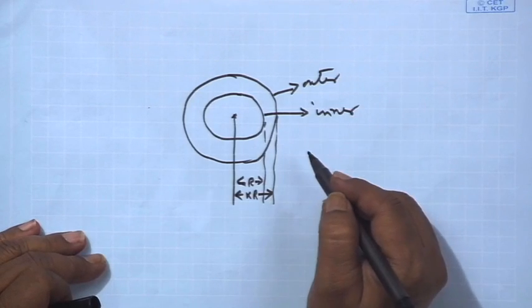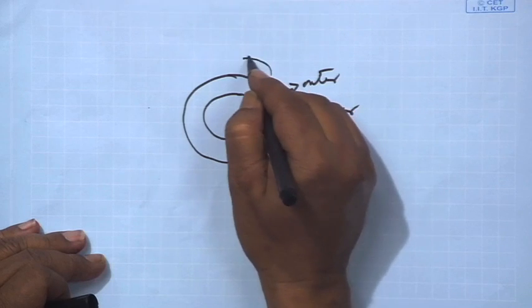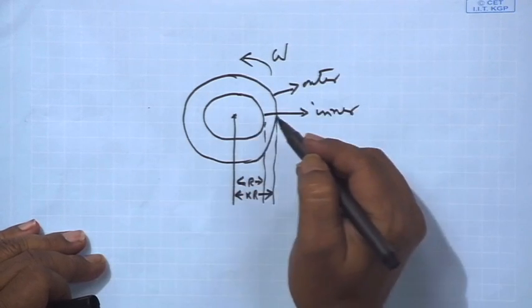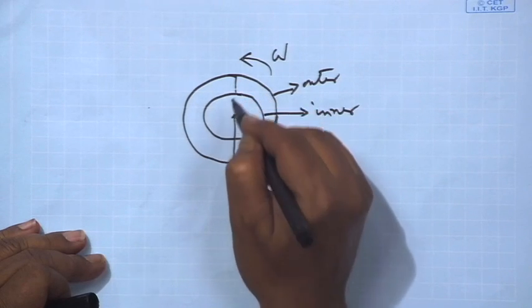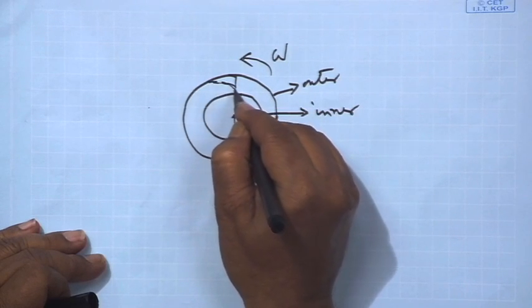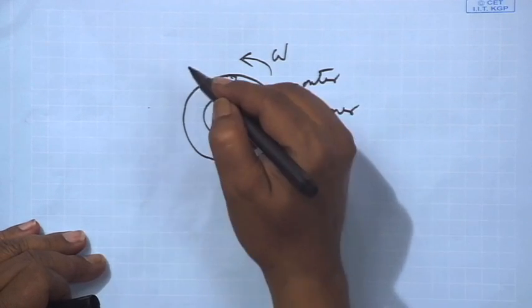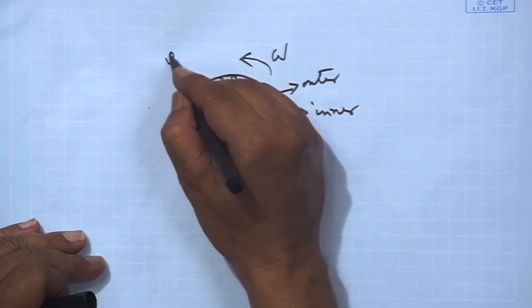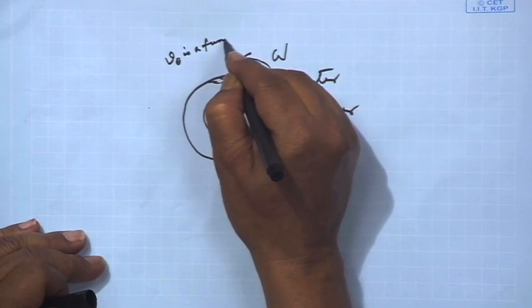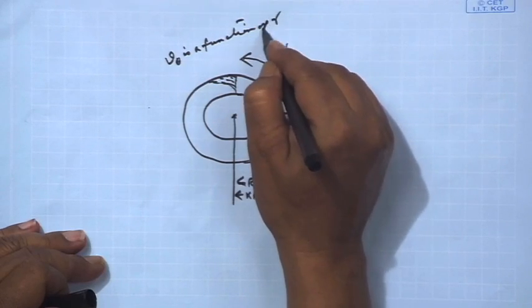And we said that it will have an angular velocity of omega. If we look at the velocity component, V theta is a function of r.